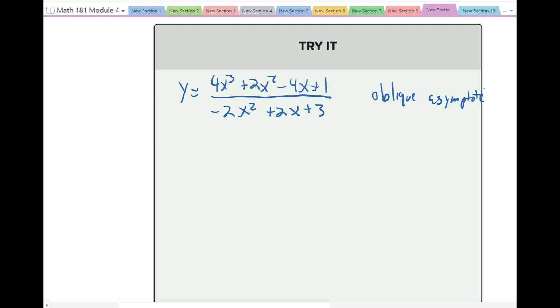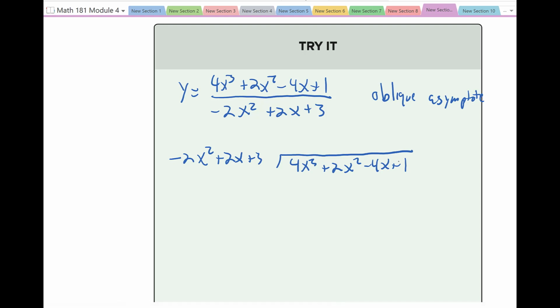So let's look at this and do the long division. This is what everyone loves to do. It's actually not bad. It shouldn't prejudice people. We have 4x cubed plus 2x squared minus 4x plus 1. So negative 2x squared times what is positive 4x cubed? That's going to be a negative 2x.